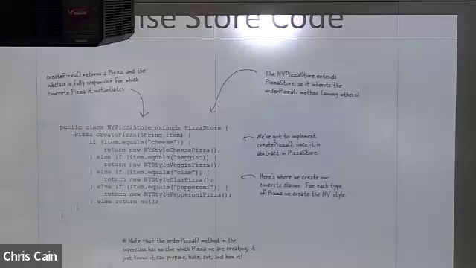We then have our big if block that says if the request is for a cheese pizza, we will return a New York style cheese pizza. If the request is for a veggie pizza, we will return a New York style veggie pizza. So this is where we figure out where those concrete classes are going to be. It's where we figure out exactly what kind of pizza we're creating. It's in the subclass of this whole thing.